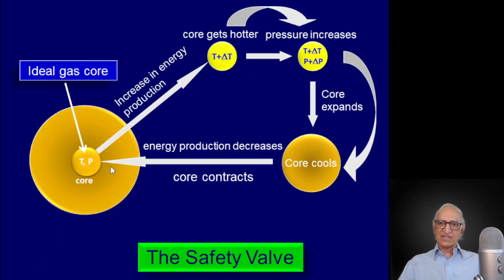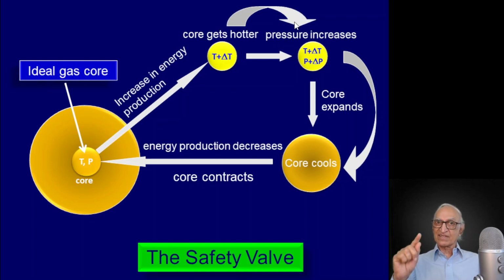So let's try to understand once again how the safety valve works. There is a core at a certain temperature and pressure, and the gas obeys Boyle's law. For some reason, there is an increase in energy production that heats up the core. Because the gas obeys Boyle's law, as the core gets hotter, the pressure will also increase because the pressure is nkT.